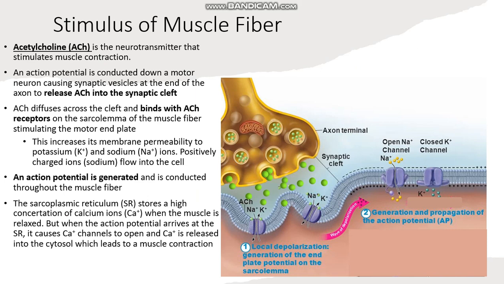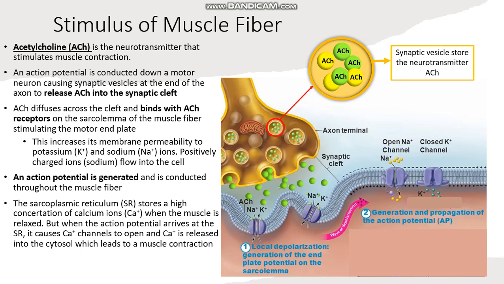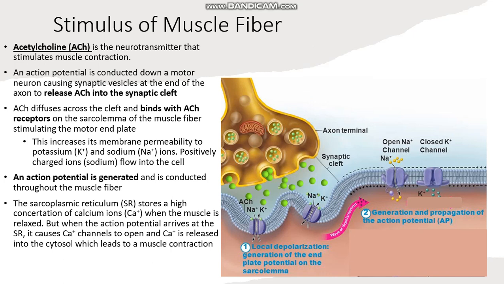So stimulation of a muscle fiber begins with acetylcholine. This is the neurotransmitter that is responsible for muscle contraction. An action potential is conducted down the motor neuron, causing synaptic vesicles at the end of the axon to release acetylcholine into the synaptic cleft.